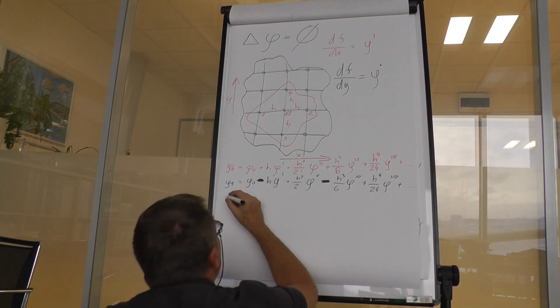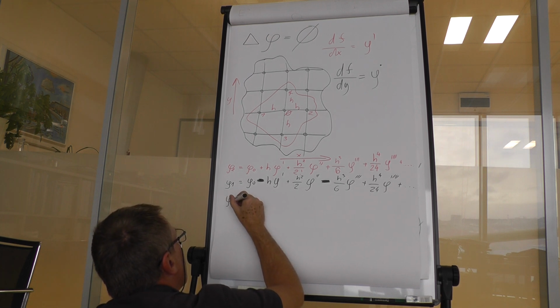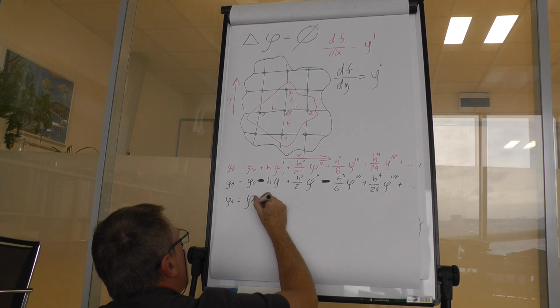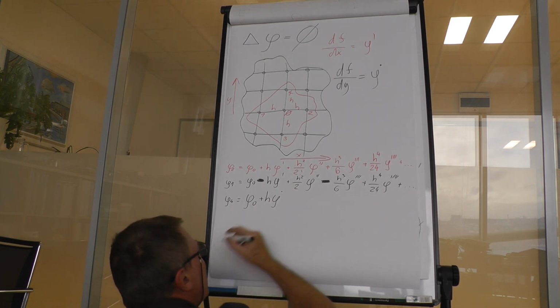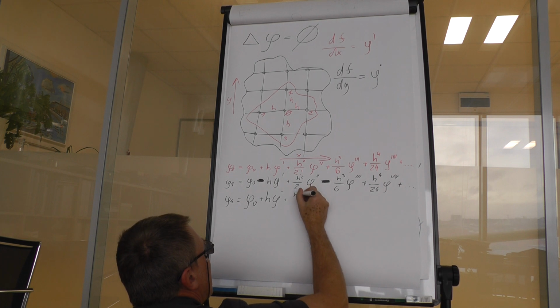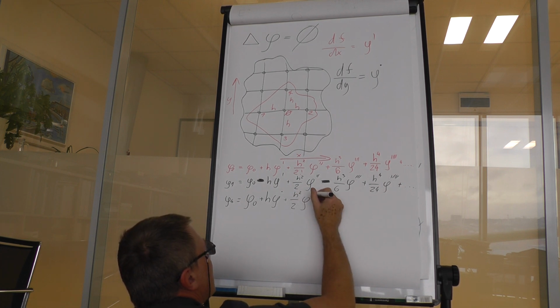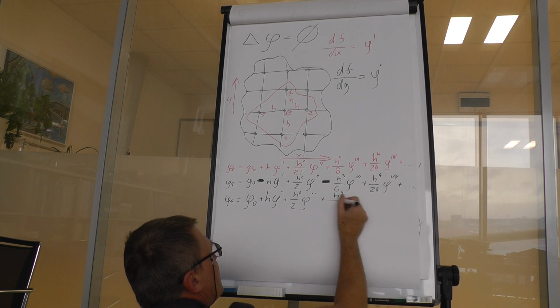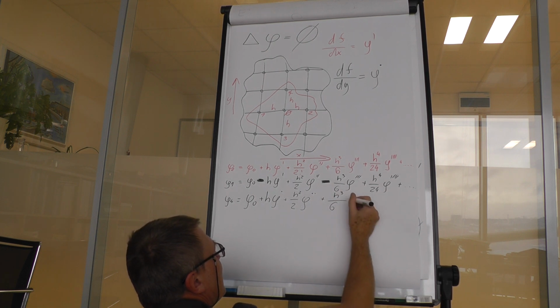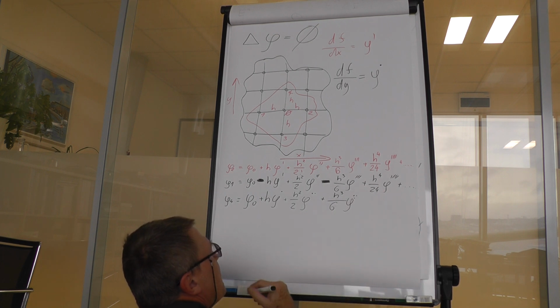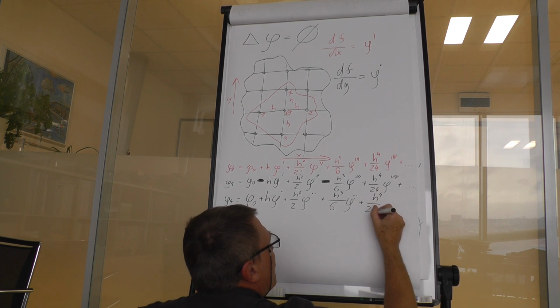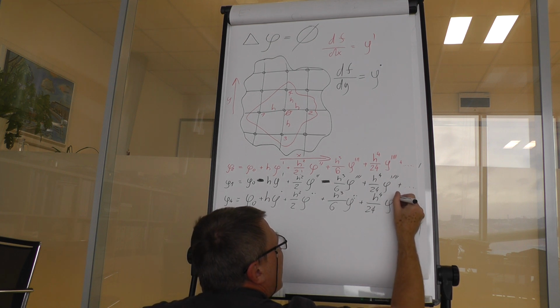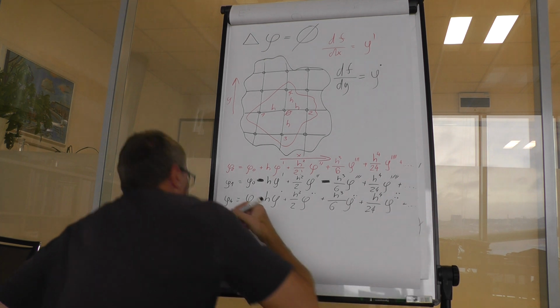So we will have point 4, and again that's phi 0 plus h times the first derivative of phi against y plus h squared over 2, the second derivative of phi against y, plus h raised to the third power divided by 6, phi 3 times derived against y, plus h raised to the fourth power divided by 24, phi 4 times derived against y, and there is the rest of the series.